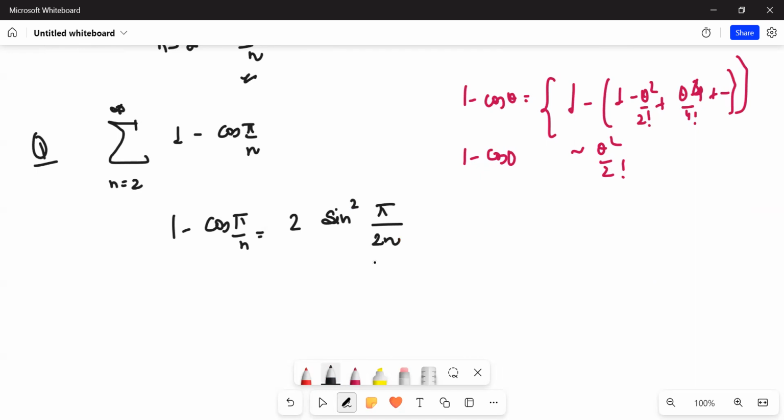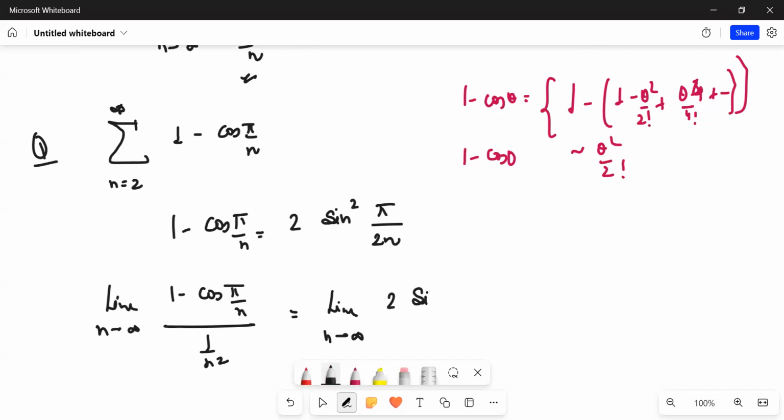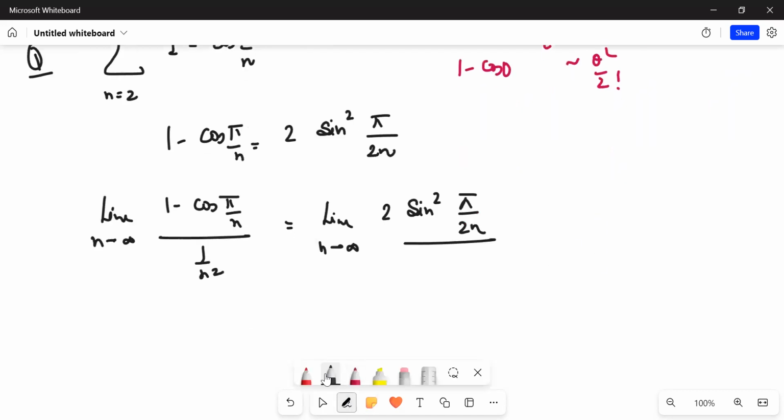And now I'll compare limit n tends to infinity 1 minus cos of pi upon n. I'll divide it by 1 upon n square. Now I'm going to compare with this. So it is equal to limit n tends to infinity 2 times sine square pi upon 2n, and here it is 1 upon n square.